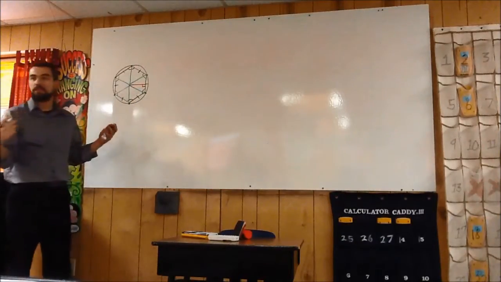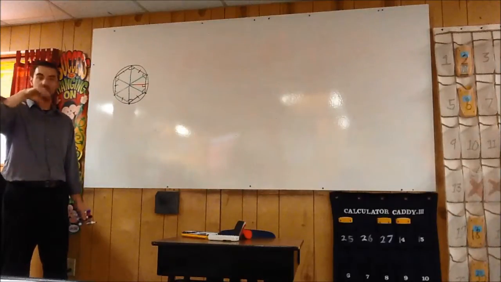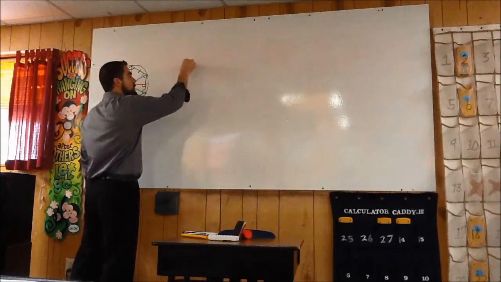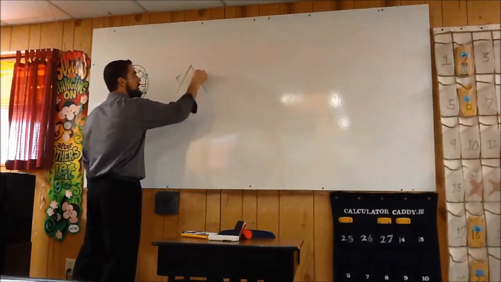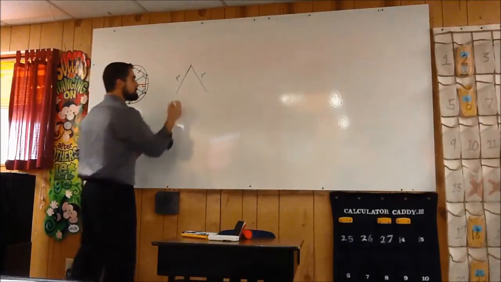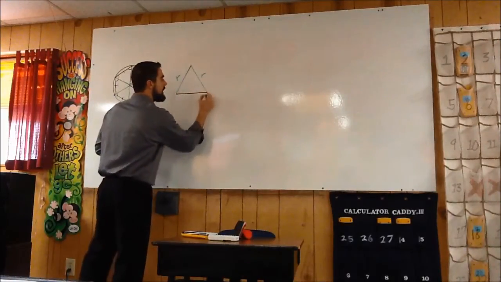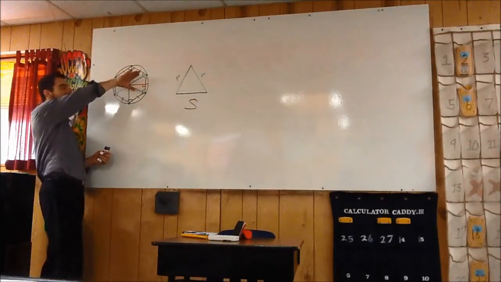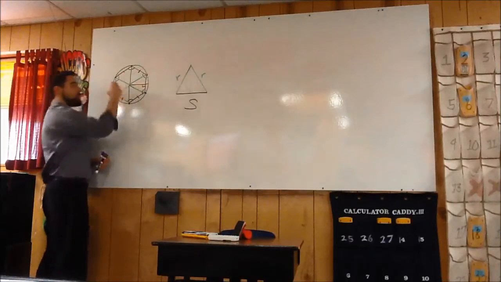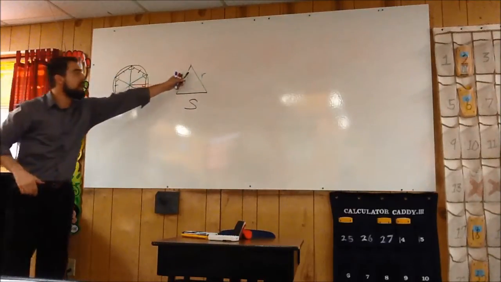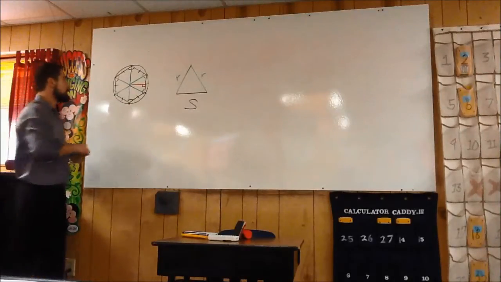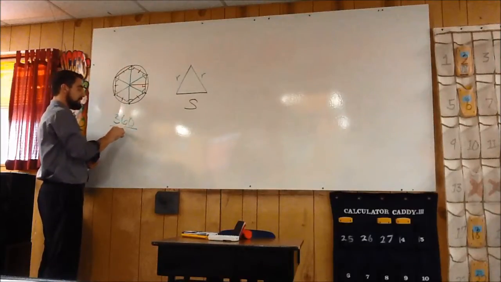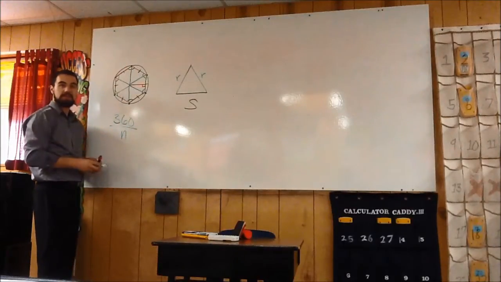However many sides there are, that's how many central angles there will be. I can find the measure of that angle by taking 360 degrees, the entire circle, divided by the number of sides.